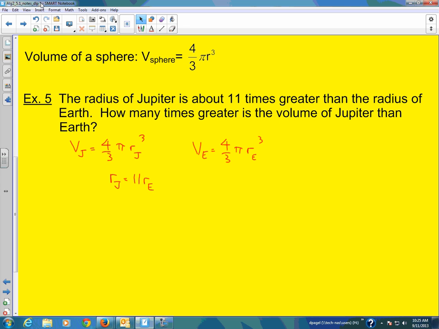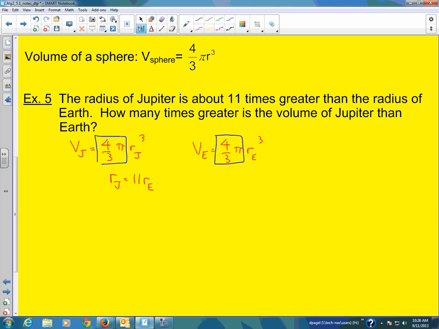So if we just simply reference radius of Earth here, we see first of all that in these volume problems, this is a constant for both Earth and Jupiter. That's not going to change. So our volume will change relative to what our radius is doing. And our radius for Jupiter is 11 times that of Earth. So let's just arbitrarily assume our radius of Earth was 1.